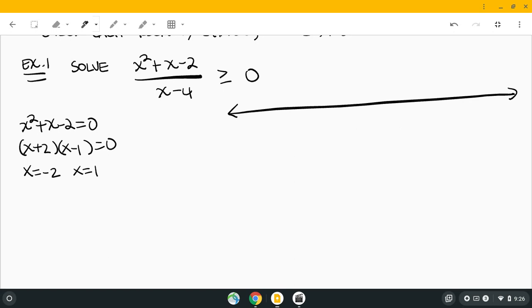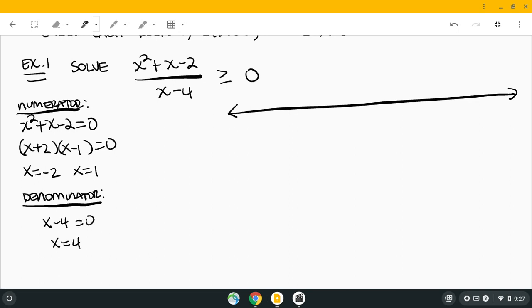Okay. And then we also, this is the one from the numerator. And then we want the one from the denominator. Okay. So x minus 4 equals 0. So x equals 4. And remember, the one that comes from the denominator never gets a closed circle.